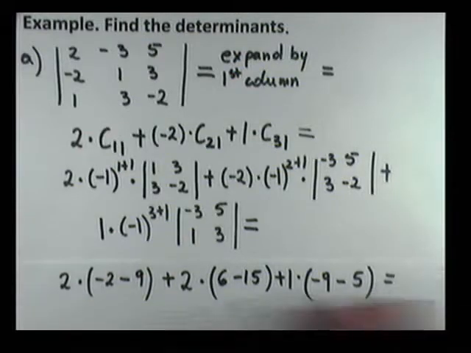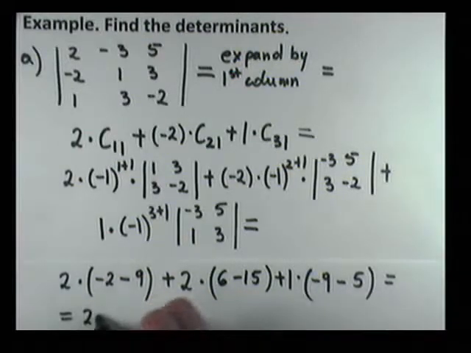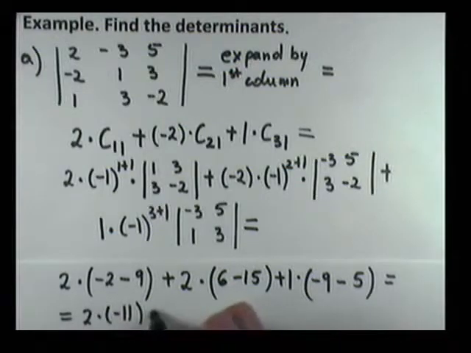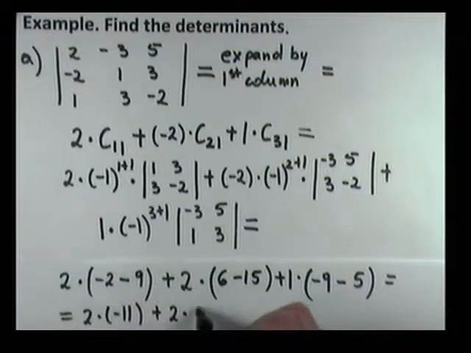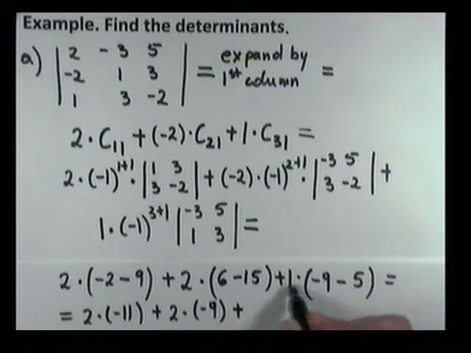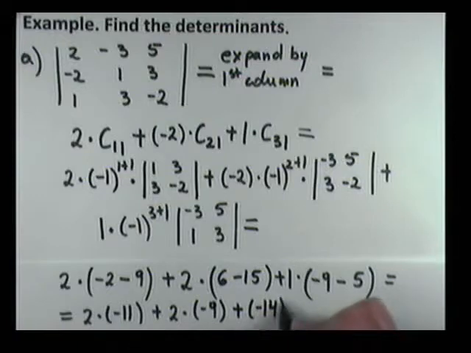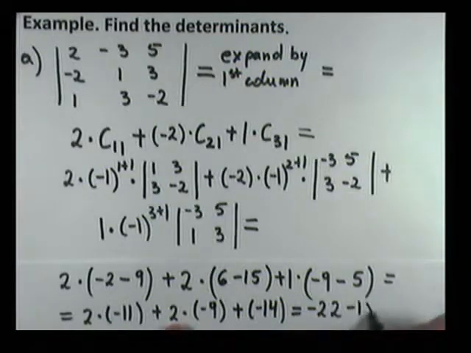So this is equal to 2 times minus 11, plus 2 times 6 minus 15, which is negative 9. And then we have plus 1 times whatever is minus 14. So we have minus 22, minus 18, and minus 14.